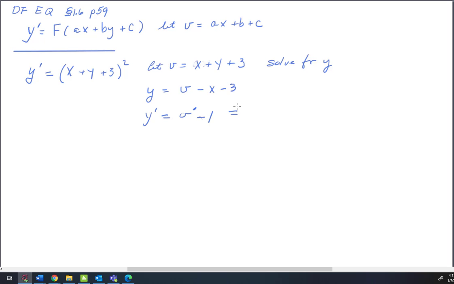And from this I get v prime is equal to y prime plus 1. Okay.